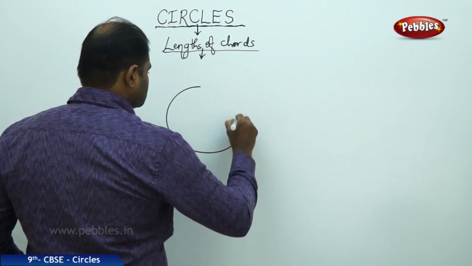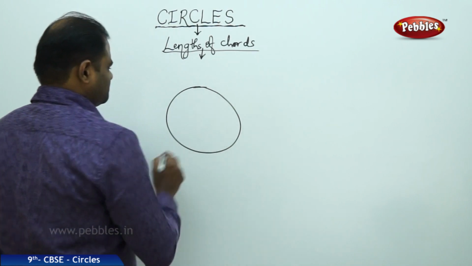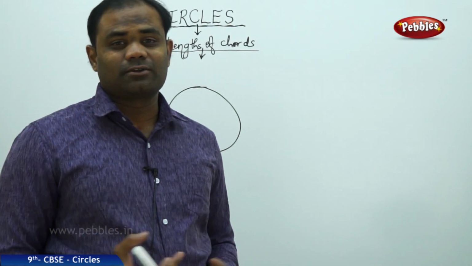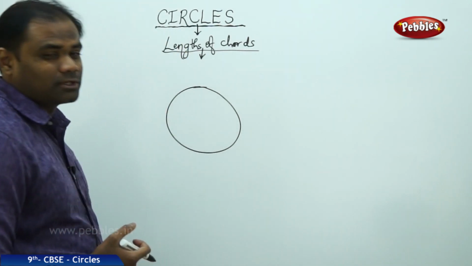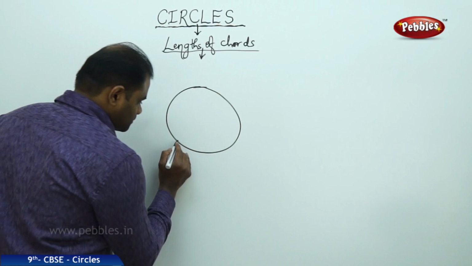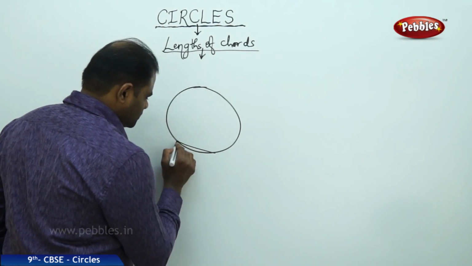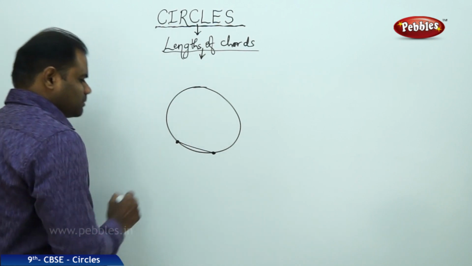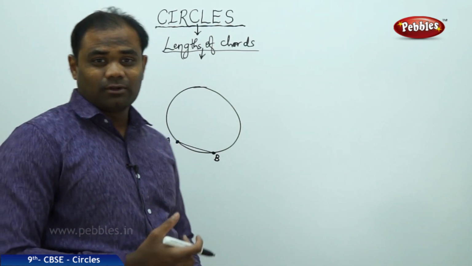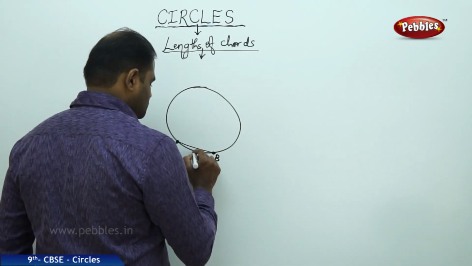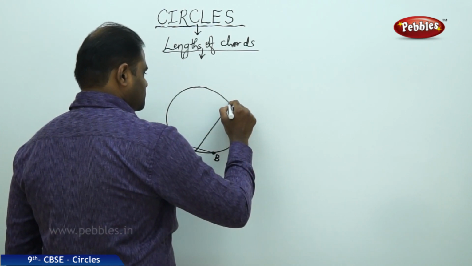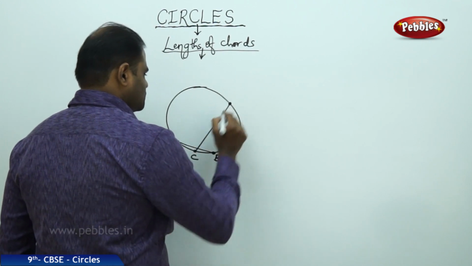So let me take a circle. Here, let me take three different chords for the same circle. As we know, a chord is the line segment which joins any two points of the circle, so let me take a chord which joins these two points, A and B. Next, let me take another chord which connects this point with this.